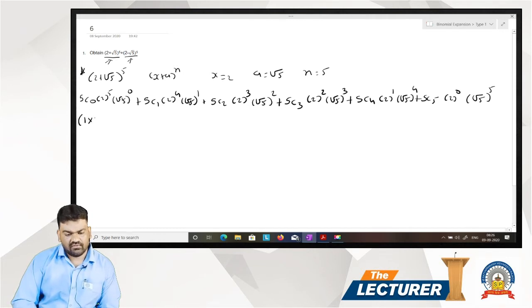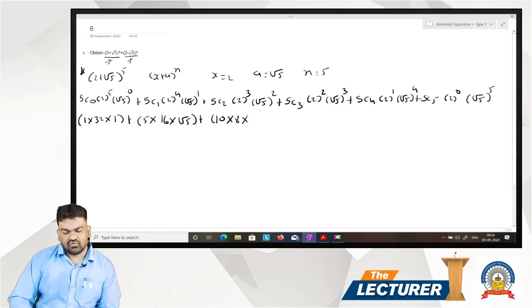5c0, that is 1. 2 raised to 5, that is 32. Root 5 raised to 0, that is 1. 5c1, that is 5. 2 raised to 4, that is 16. Root 5 raised to 1, that is root 5. 5c2, that is 10. 2 raised to 3, that is 8. Root 5 no square, that is 5. 5c3, that is 10. 2 raised to 2, that is 4.